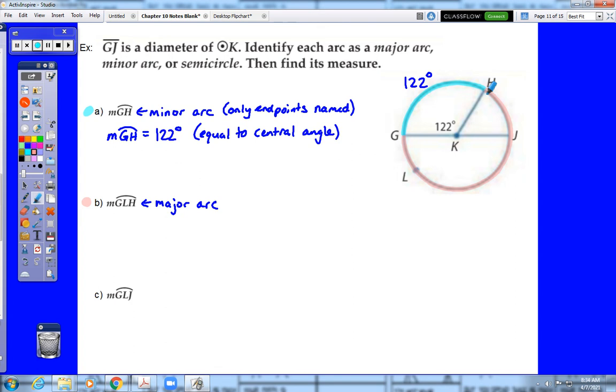Good. 360 minus 122. The measure of the major arc here would be the rest of the circle. So that would be 360 degrees minus the 122 degrees, which is 238 degrees.